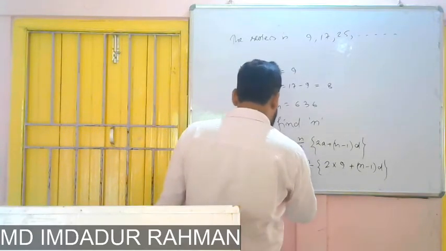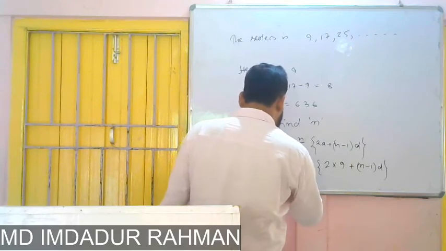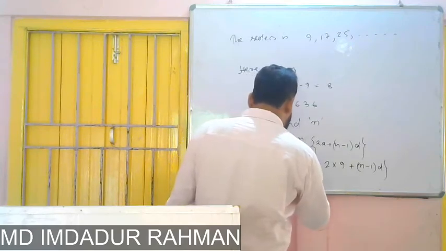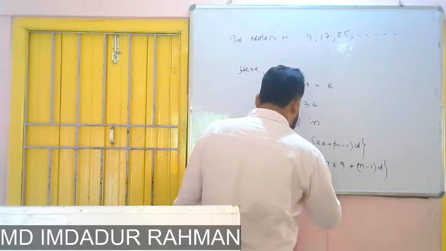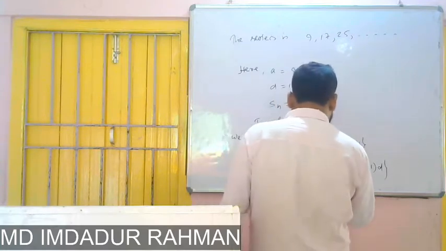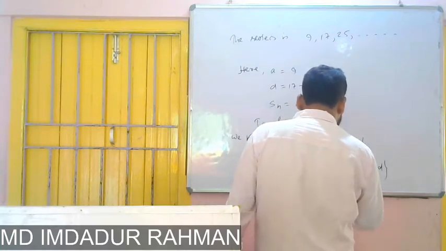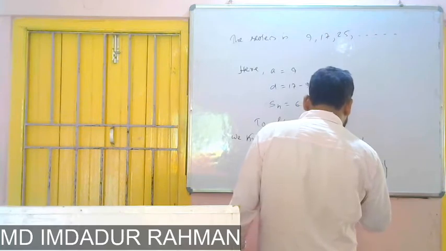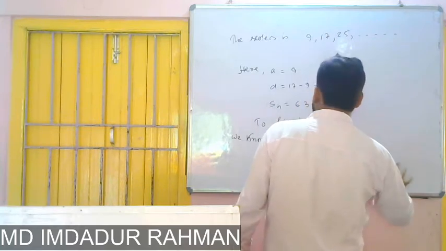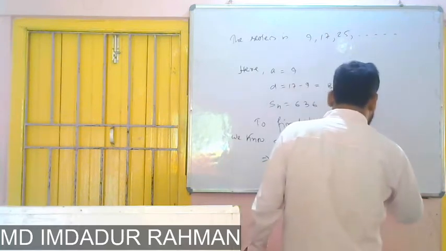So 1272 is equal to n into 18 plus n minus 1 into what is d? Put the value of d here. D is 8.